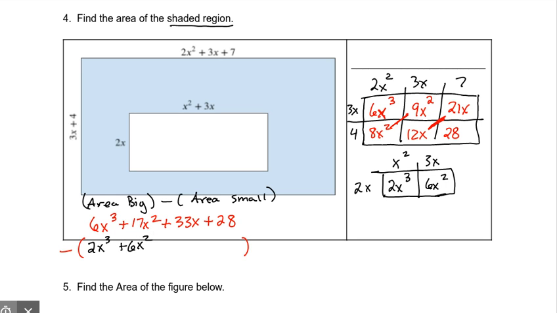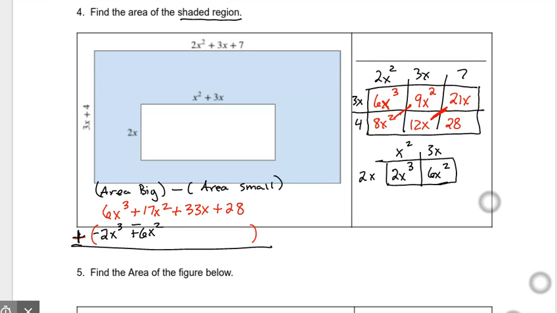And I'm subtracting. One thing I like to do with subtraction is to just distribute the negative. So I'm going to do this as addition, and that becomes negative 2x to the third and negative 6x squared. And now I can just add up my like terms.